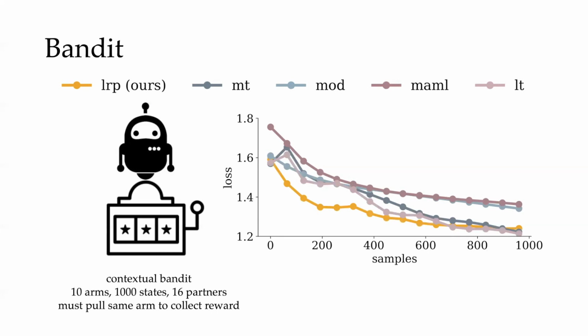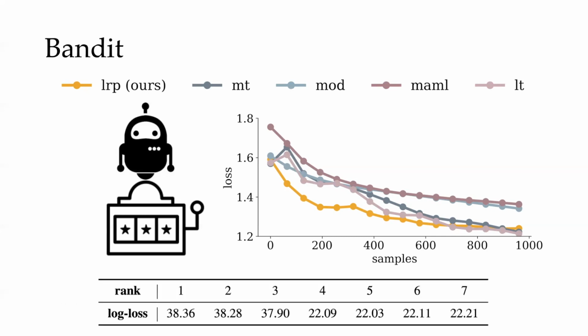Finally, there's our method that does enforce a low-rank prior. We see that our method outperforms the baselines, suggesting that the use of a low-rank prior can be beneficial when adapting to new partners. For confirmation, we even examine the partner policy logits and try to fit a low-rank tensor to their behavior, and we see that indeed a rank of 4 fits the data very well, suggesting again that the behavior of partners trained via random seeds can indeed be low rank.